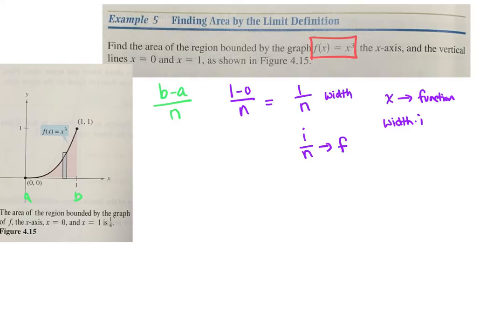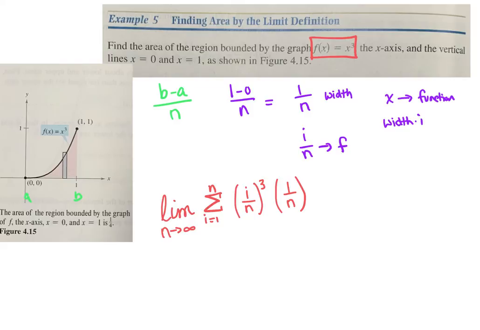So I'm going to say, well, the limit then, as n approaches infinity, of the summation from i equals 1 to n, of my function. Well, my function is i over n plugged into x cubed, which is i over n cubed, right? Times my width, well, that's 1 over n. First of all, remember 1 over n, that's just a number that I can pull out in front.